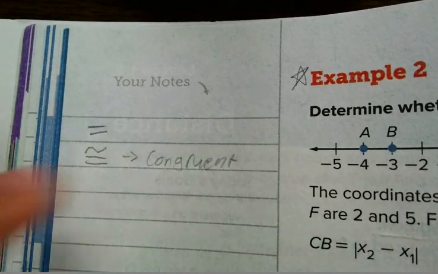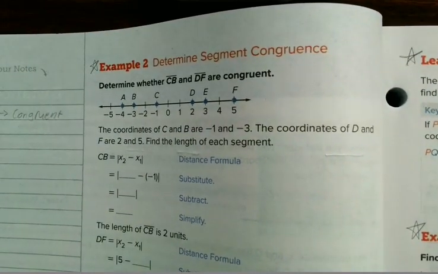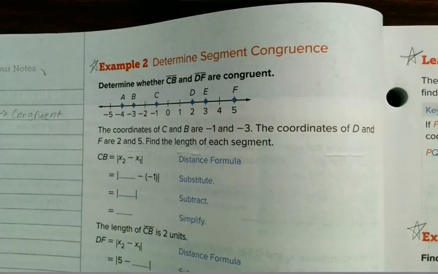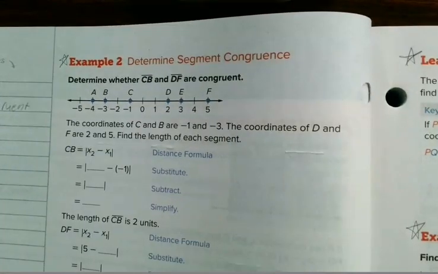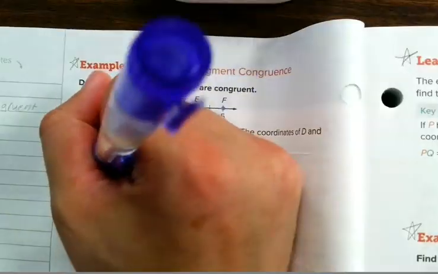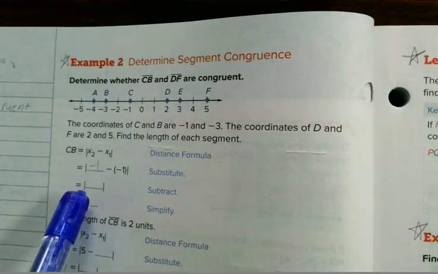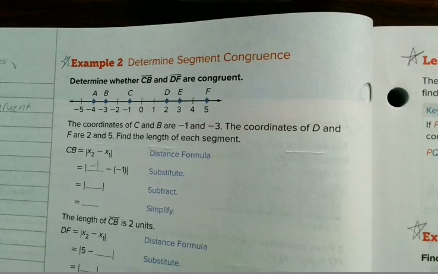All right, and then let's use it, right? It says we need to determine whether line segment CB and line segment DF are congruent if they have the same length. So we need to figure out CB first. C has a coordinate of what? -1, okay. And then B has a coordinate of what? -3.